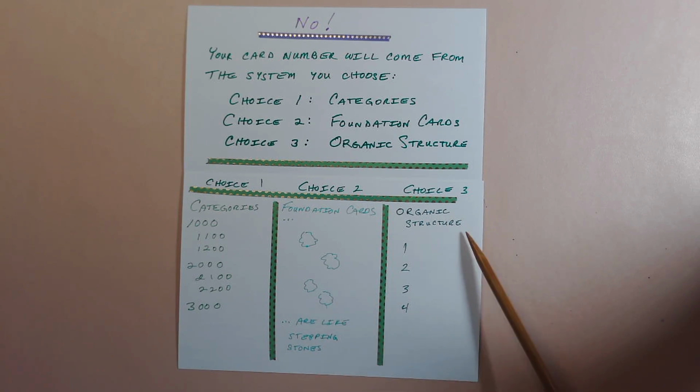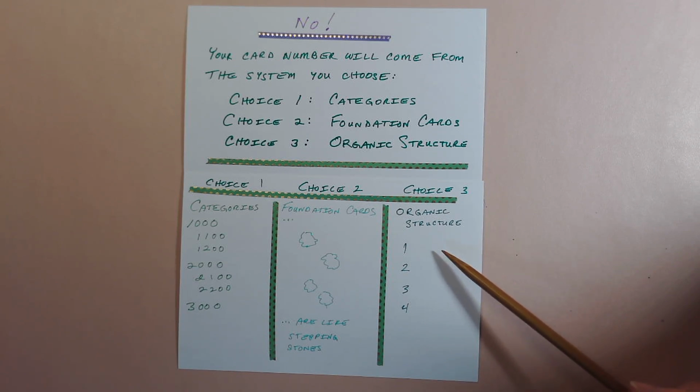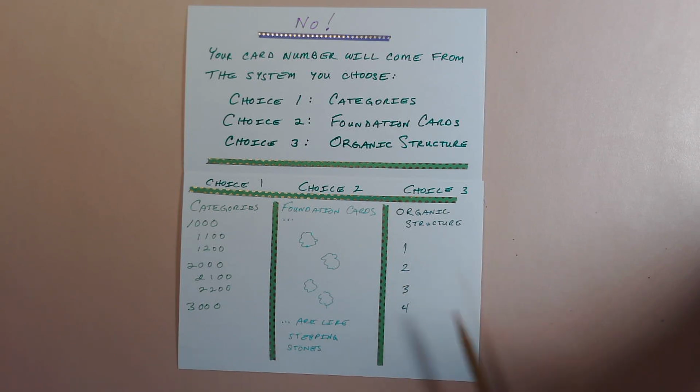And when we were dealing with organic structure, if the new card had no place to go, it would just get the next available number. Or depending on where we are in the system, it might be the next available letter, A, B, C, D, E. It's just the next available one, very, very simply.